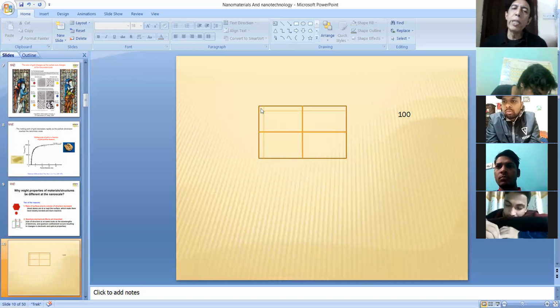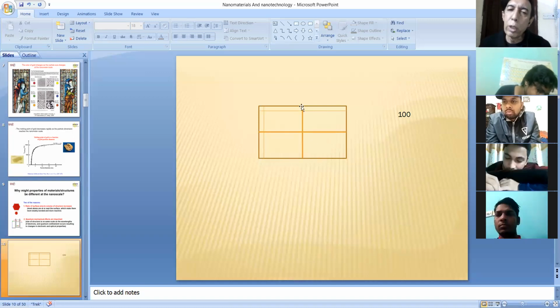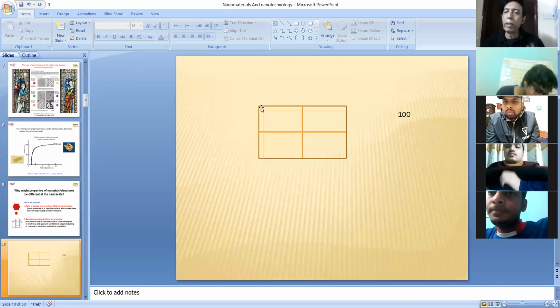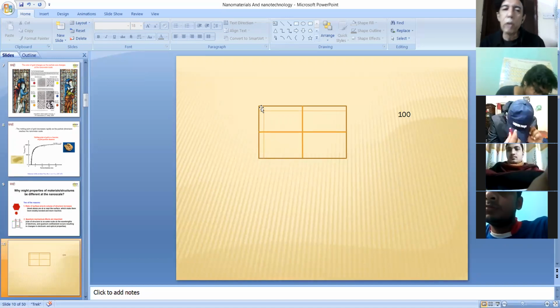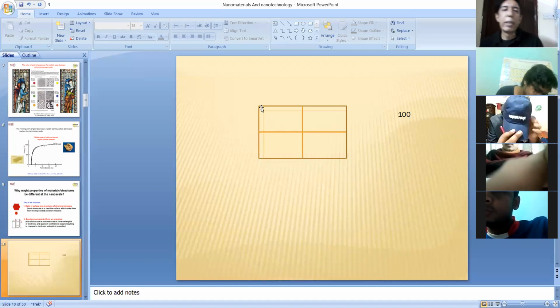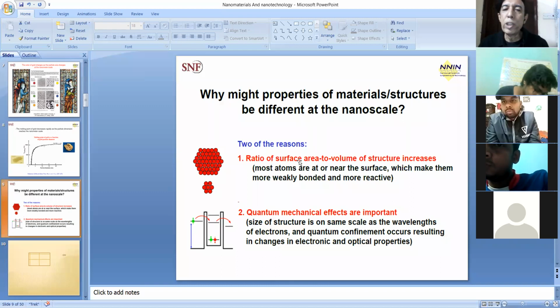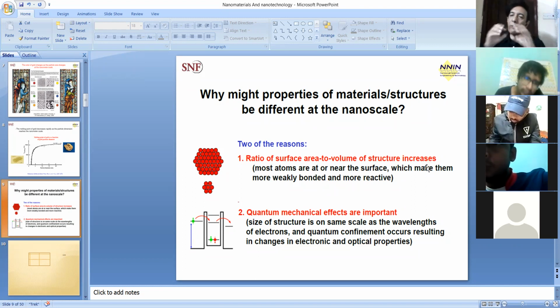So when it goes to nano, say for example, this whole one is bulk and this one is nano. When it goes to nano, the surface area to volume ratio of the structure increases, because the volume is the same but the surface area is increasing.